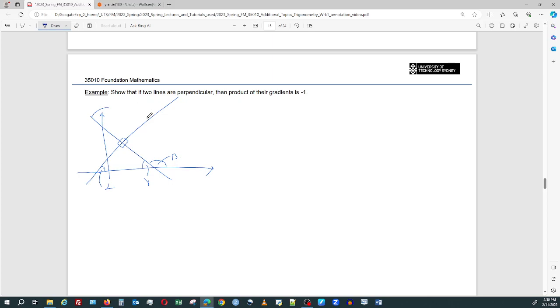So these have got their general forms. We'll call this one yt equals mt x plus b. This one here we'll call yn, which equals mn x plus b.